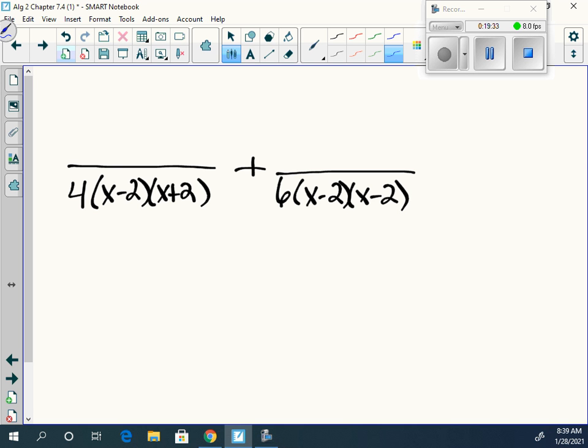But if we could see, okay, 12, so this needs a 2, and this needs to be multiplied by a 3. Okay, that's the harder part.